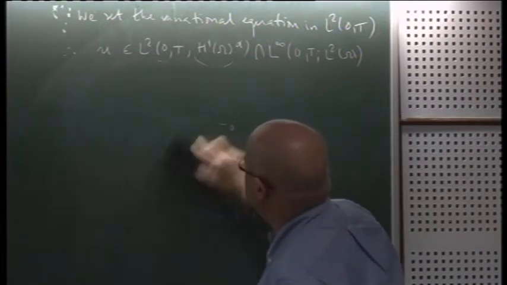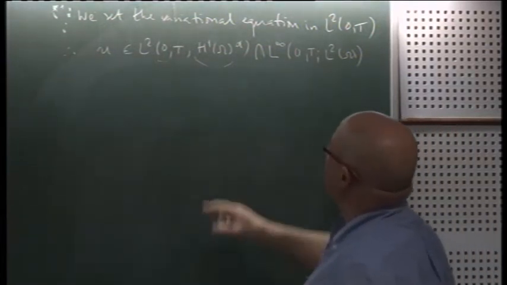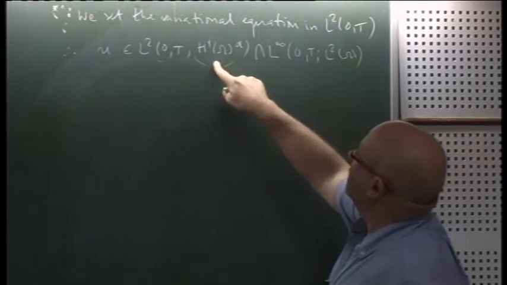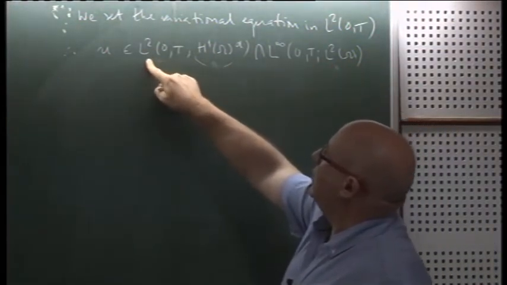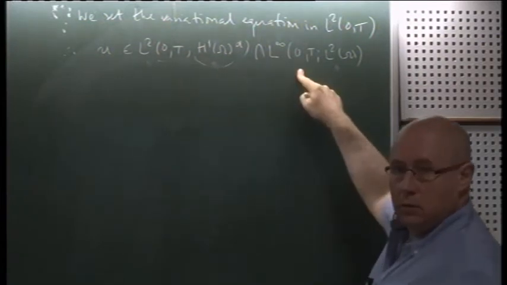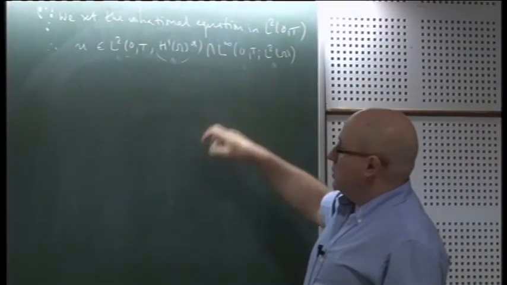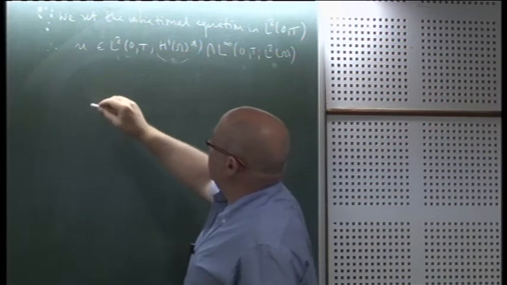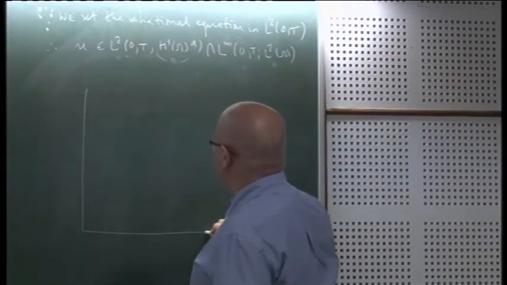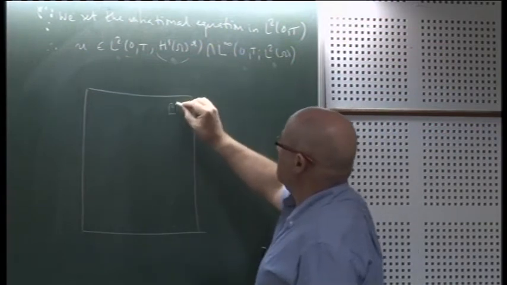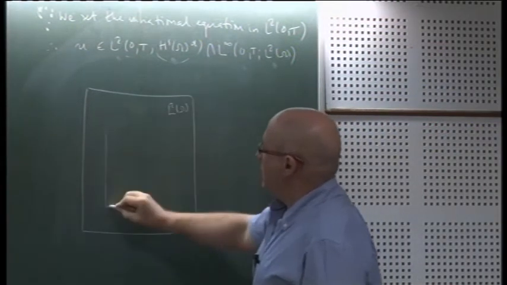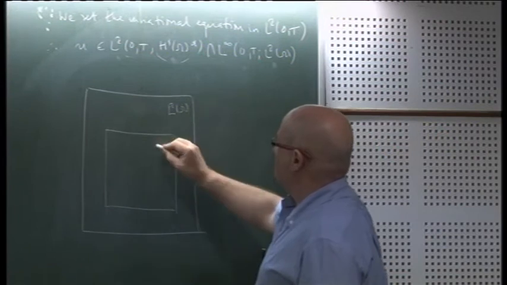See what happens. Those two spaces cannot be compared. Let me erase that. Those spaces cannot be compared because here we have more regularity in space than here, but here we have less regularity in time than here. You understand? So you could think of it as the following. You have a large space, which is L2 in space. A smaller space, which is H1 in space.